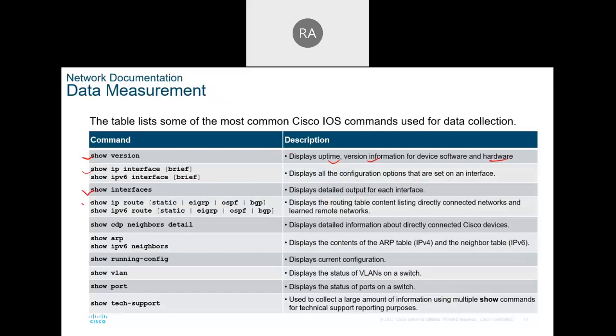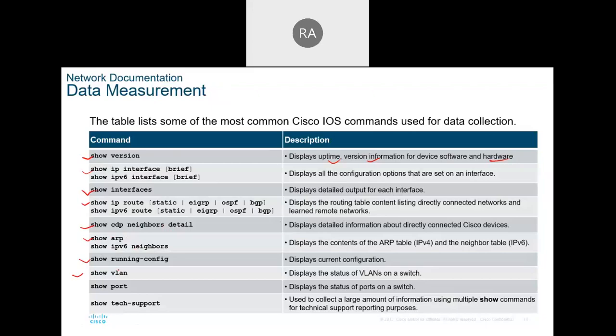I can say show ip route so that I can document the information that I have in my routing table, the directly connected and the remote. I can say show cdp neighbors detail so that I can document the neighbors that are directly connected to my routers. I can say show hub so that I can see my hub table. I can say show running-config. I can see my running configuration file.